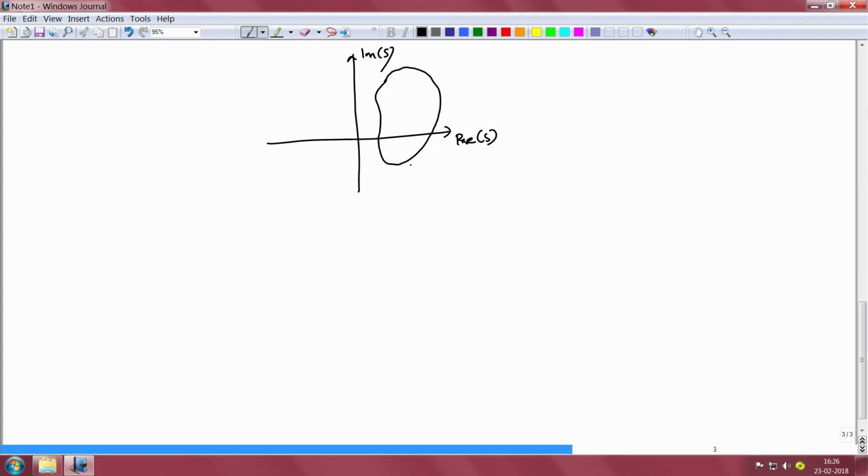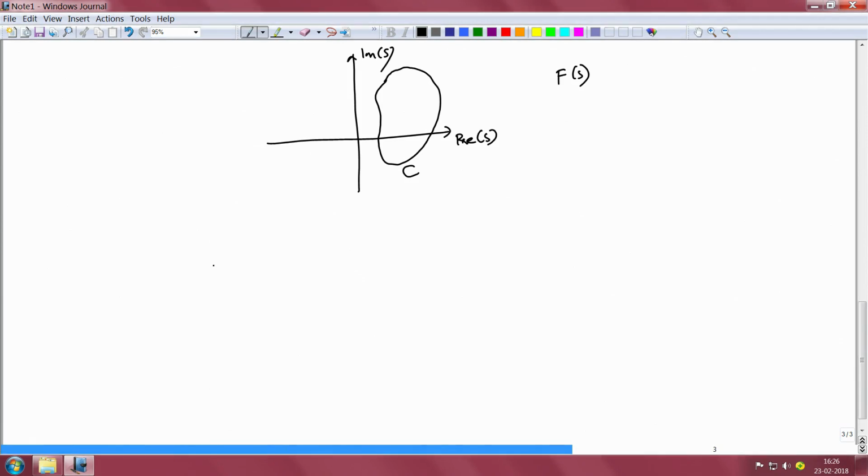So if I were to demarcate a closed region within the complex plane by its boundary C, then I can apply Nyquist stability theory to tell me whether a function f of s has poles or zeros within that region, and the power of this technique is that I can do it without actually having to factorize f of s and determining exactly the locations of its poles and zeros.